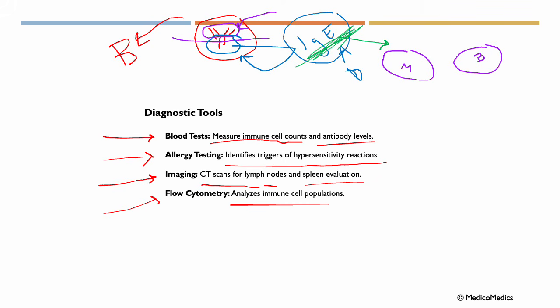So upon subsequent exposure, the allergen cross-links immunoglobulin E molecules on these cells, causing these cells to release whatever they contain. And in this case, we're talking about the release of something called histamine and other inflammatory mediators.